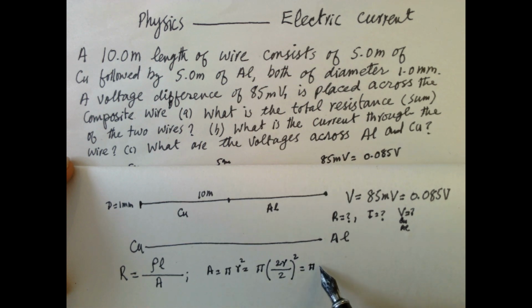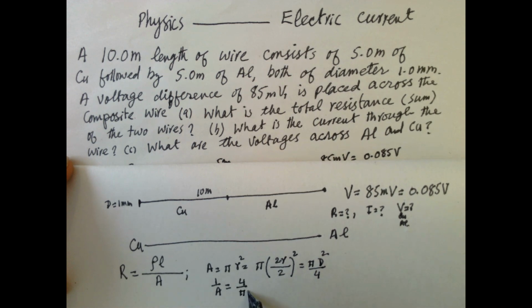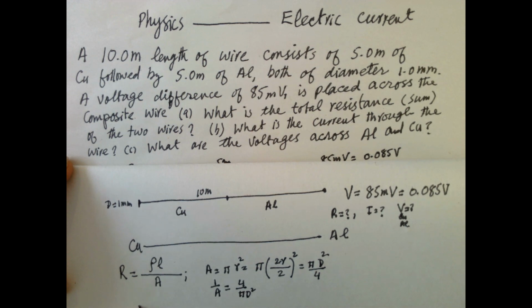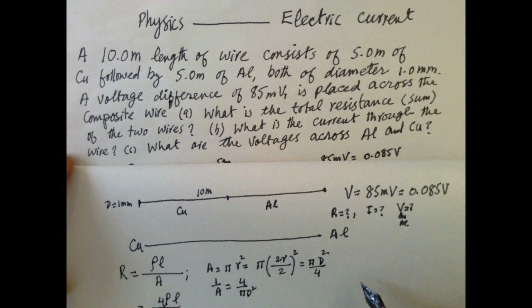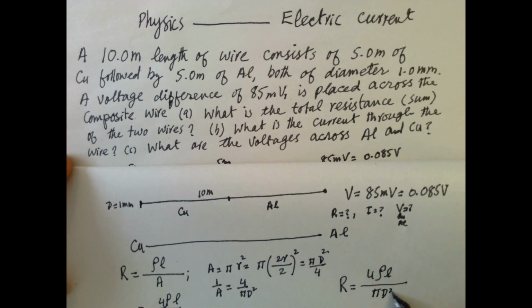So area is pi d square by 4, and 1 over area is 4 over pi d square. So resistance is equal to 4 rho L over pi d square.